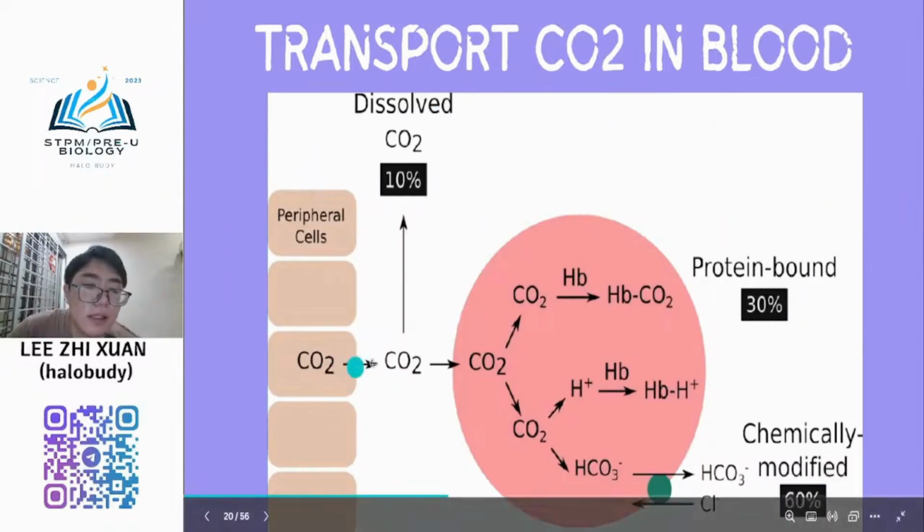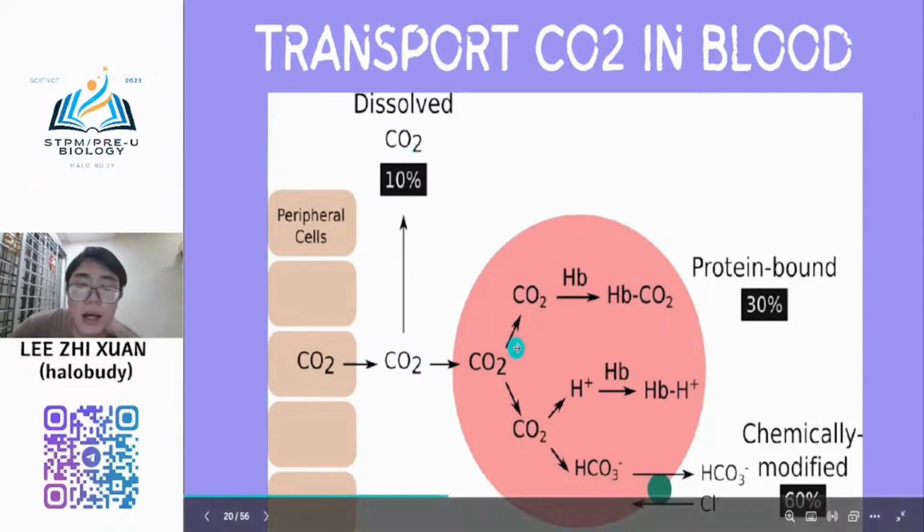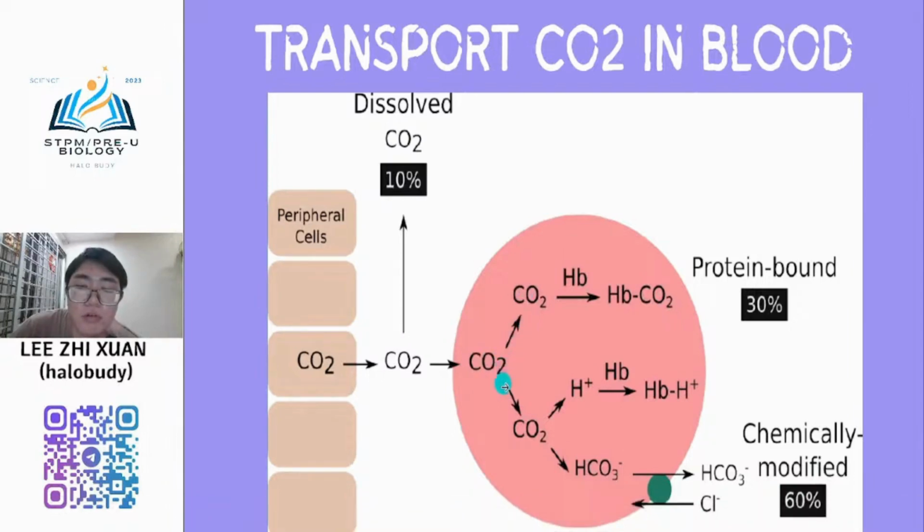Normally the first pathway is the plasma, meaning that the carbon dioxide is directly dissolved in the blood plasma. This is the easiest pathway. Another pathway is that the carbon dioxide diffuses into the erythrocyte. Once it diffuses in, it goes through one of two pathways. One is similar to oxygen, directly binding to the hemoglobin to form carbaminohemoglobin.